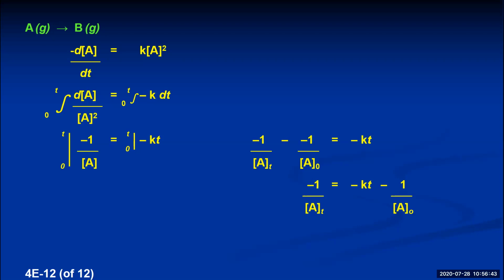And if I multiply the entire equation by negative 1, so I get rid of all those negative signs, then I wind up getting the equality statement we had earlier for second order kinetics, which is 1 over the concentration of reactant A at time t must equal kt plus 1 over the initial concentration of reactant A.